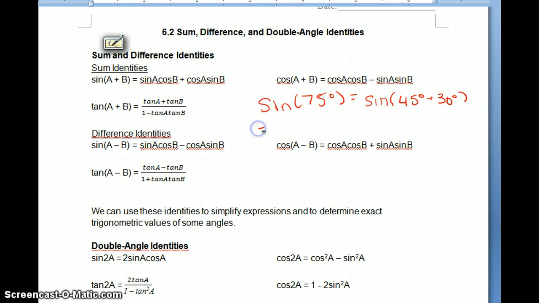So what we can do is rewrite this as the sine of 45 degrees times the cosine of 30 degrees plus cosine of 45 degrees multiplied with sine of 30 degrees.